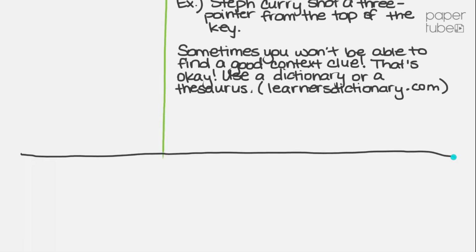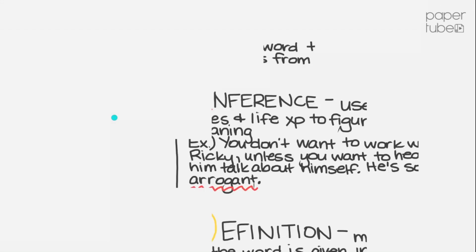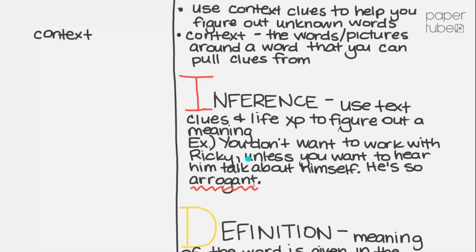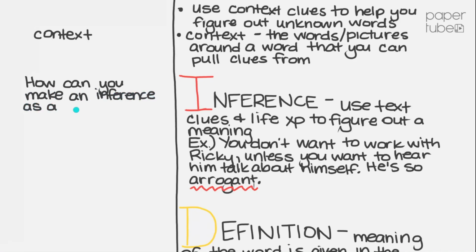So for example, if I go back to my page where I've got my inference stuff on it, I could put in the column over here the question, how can you make an inference as a context clue?